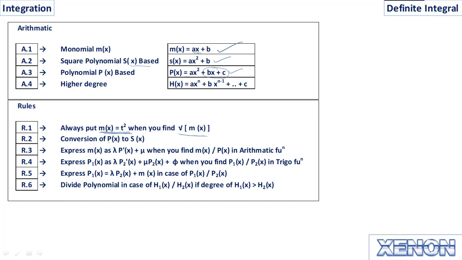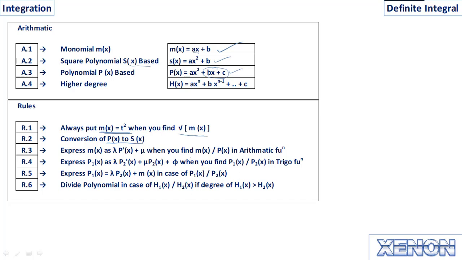Now rule 2 is conversion of p(x) to s(x). When we are getting an integrand of the form p(x) equals x square plus bx plus c, then we will convert p(x) to s(x), that is x square plus b. In this form, we will be converting p(x) to s(x), right?